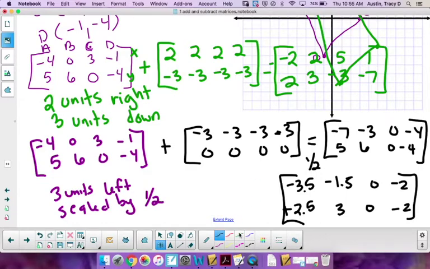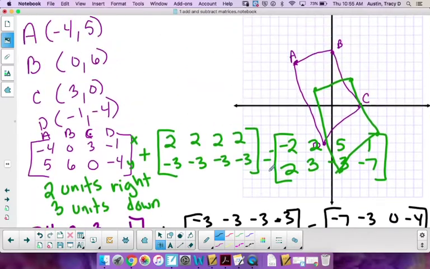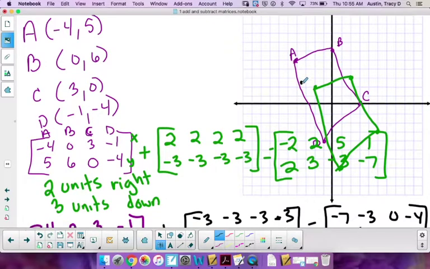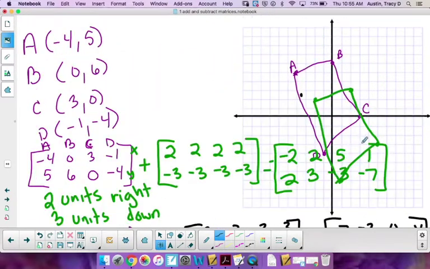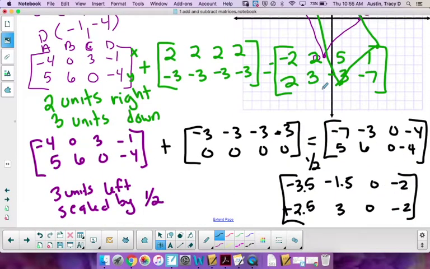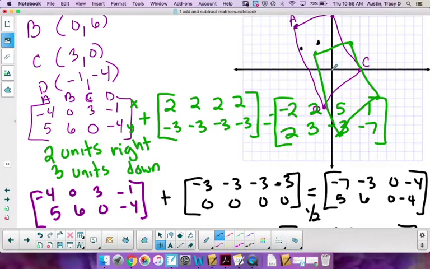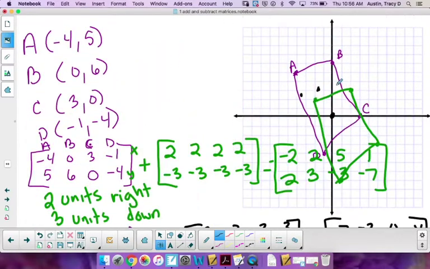So we're going to graph that one, and I think this time I'll graph it in black. -3.5, 2.5, so 1, 2, 3.5, 1, 2.5, there's a point right there. Okay, -1.5, 3, 2, 3. Okay, 0, 0, and -2, -2.